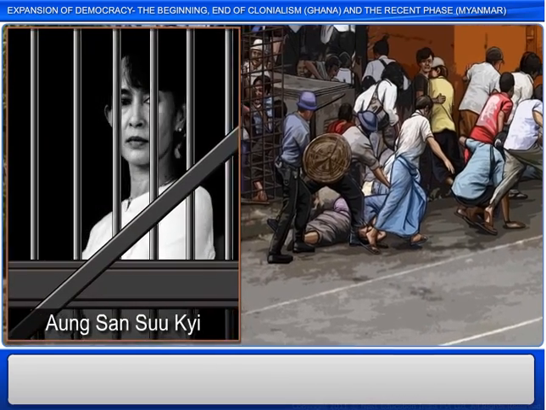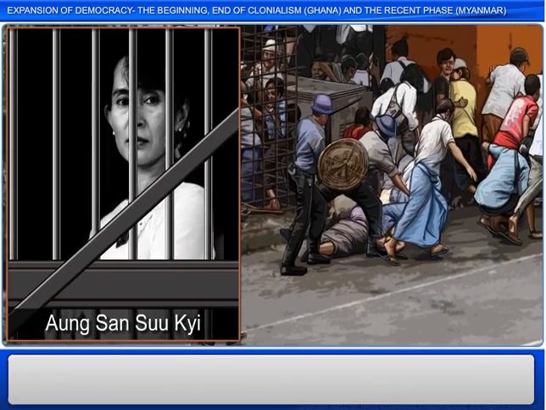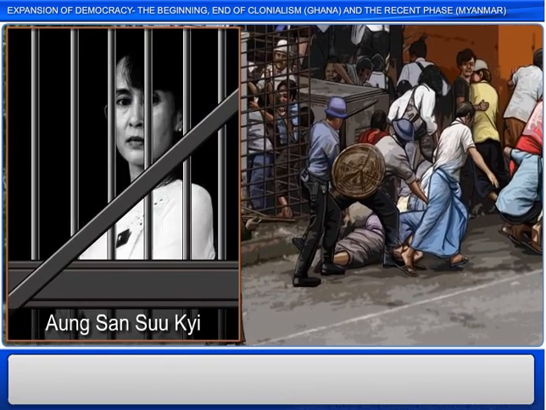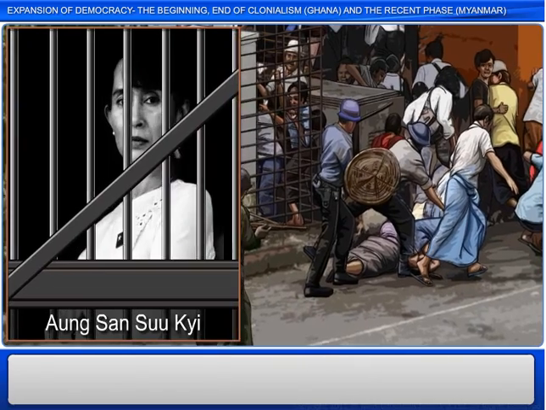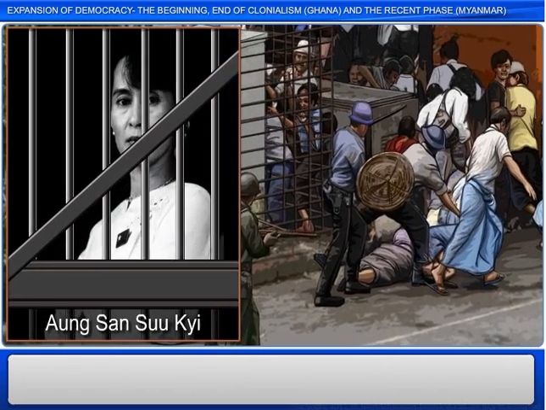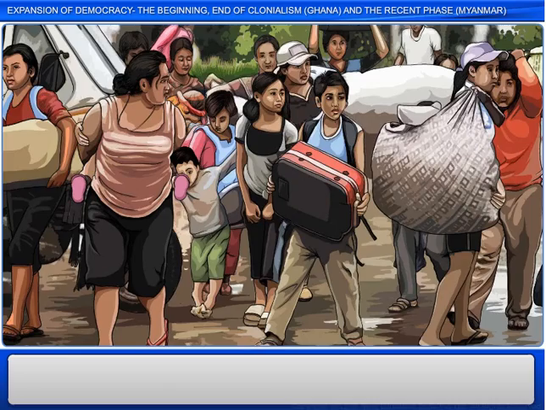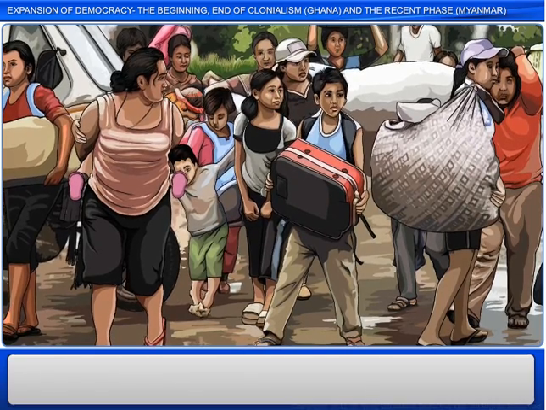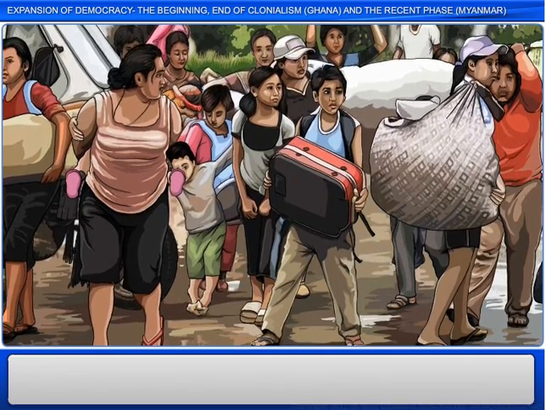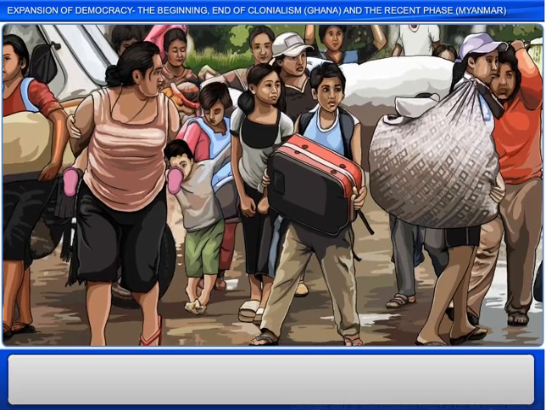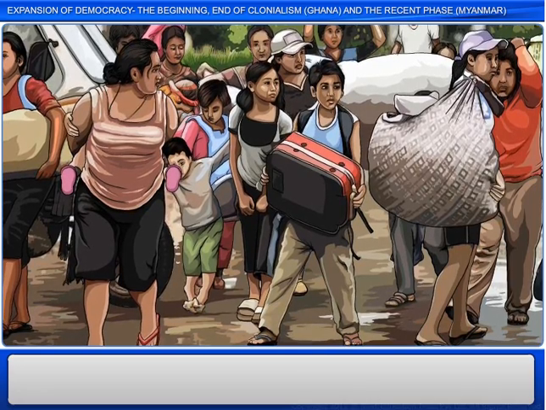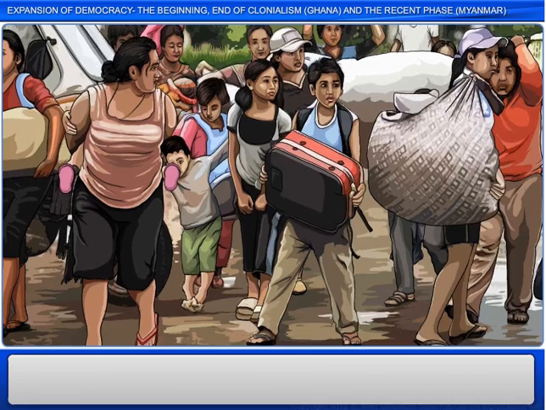What followed after this and continues till today is imprisonment and torture of political activists or anyone who's critical of the regime. Due to the repressive military government in Myanmar, about 1 million people have fled the country and have taken refuge elsewhere.